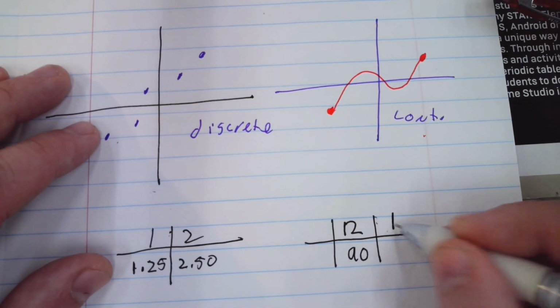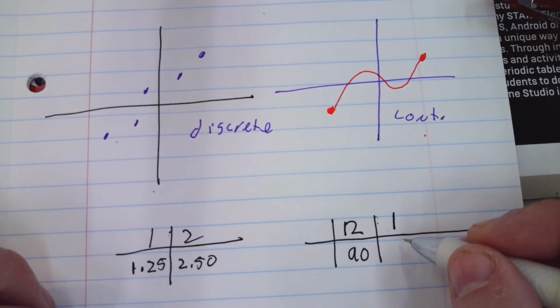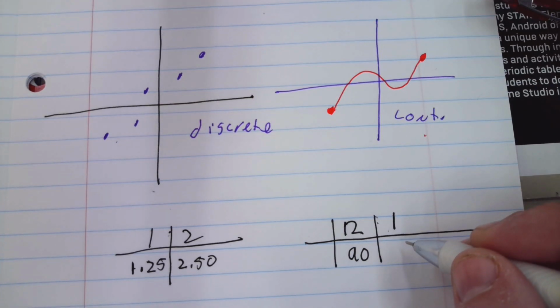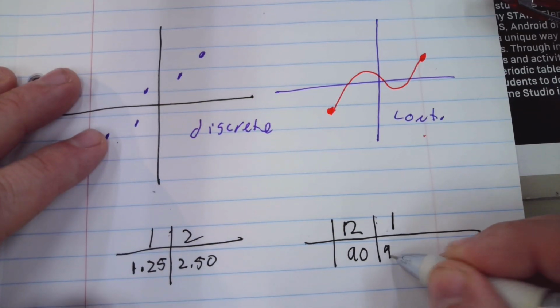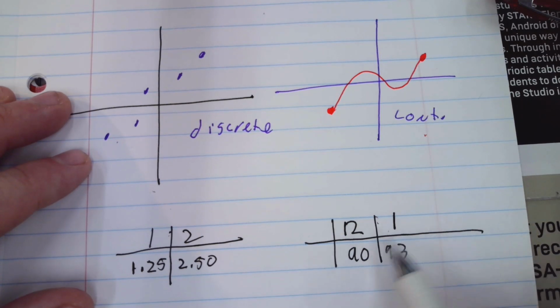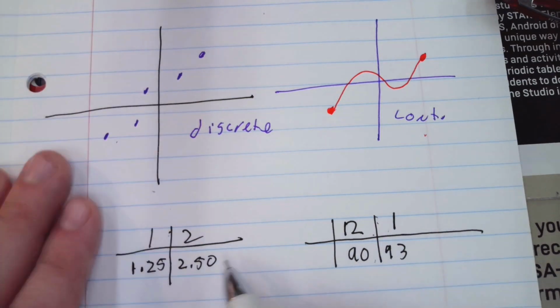At 1 o'clock, what do we expect it to do? Get hotter? We're going to call it 93 degrees. At 12:15, could it be maybe 91 degrees? At 12:20, could it be maybe 91.2 degrees? Yeah. So between these two times, the temperature is going to vary, right? So it's not discrete, it's continuous.